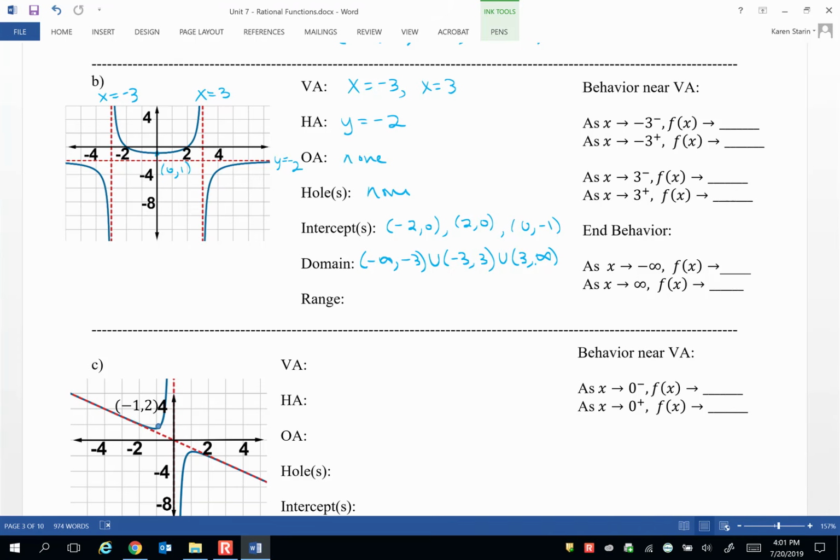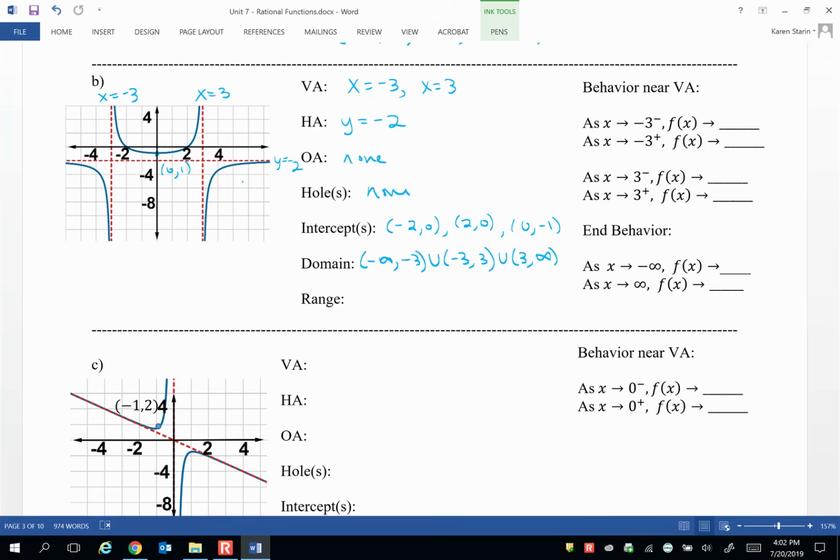Now the range, as I read from bottom to top, well, I have an excluded value in the range, and that is y equals negative 2, because that's a horizontal asymptote. And then I also have something else happening. Notice when I look at the left section and the right section, they are approaching that horizontal asymptote from below, and they are limited by that horizontal asymptote.